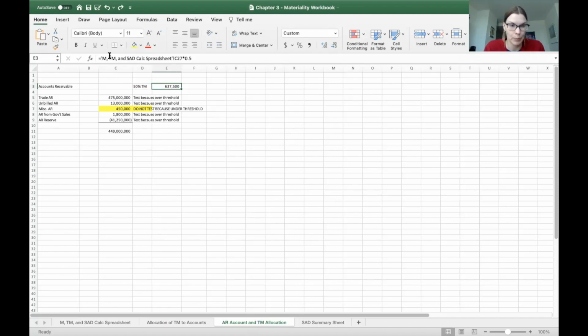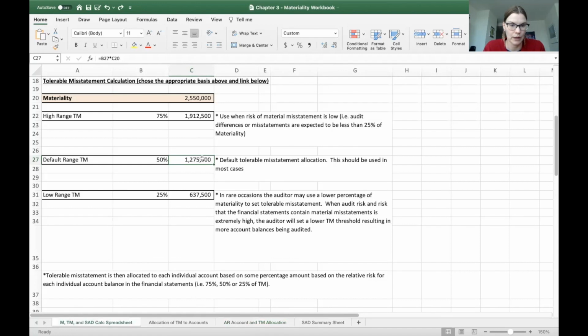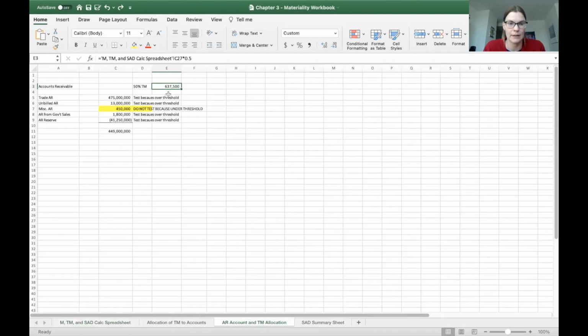So this is just pulling from that first tab in the spreadsheet where I said materiality was 1,275,000, and it is multiplying that number by 50% to get the TM allocation for AR. So when I'm going down through these accounts, I'm comparing them in size to the 637,500.